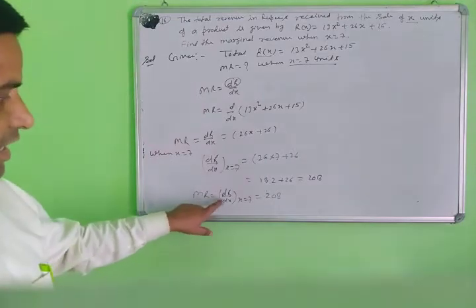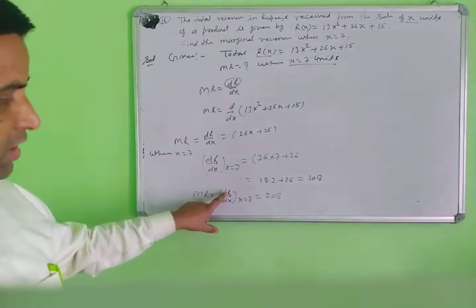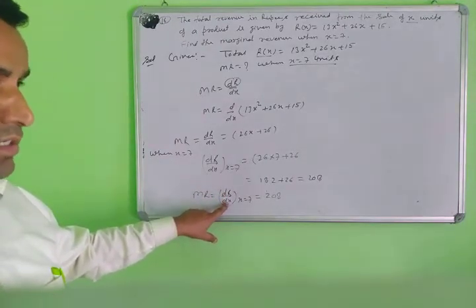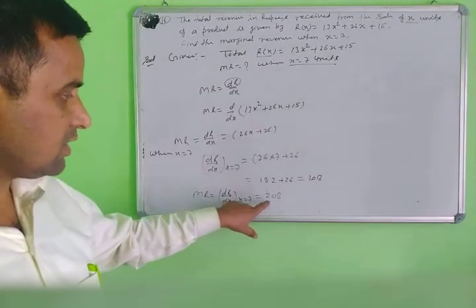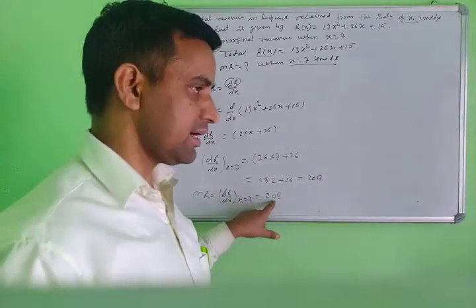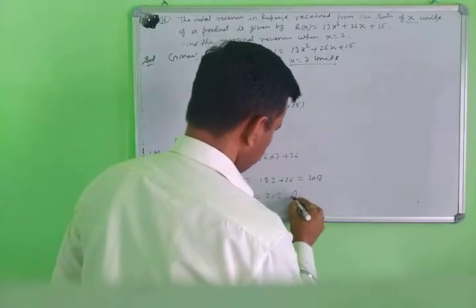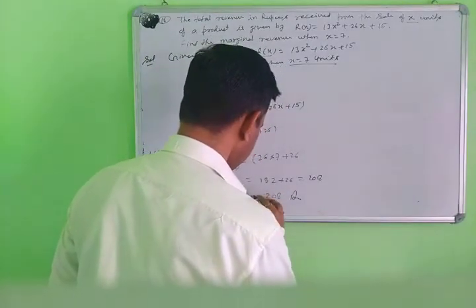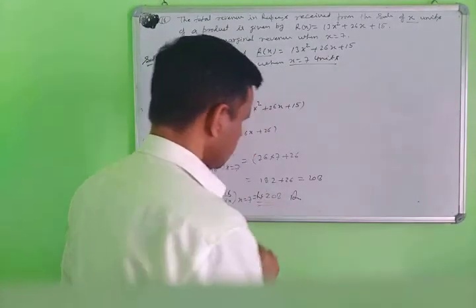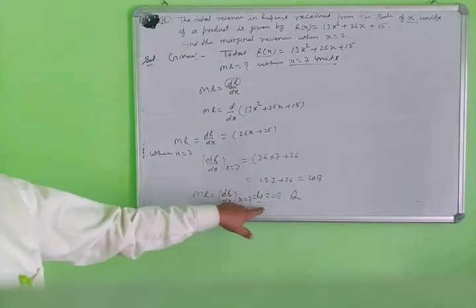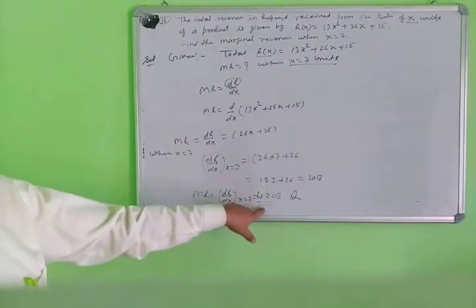Marginal revenue means the rate of change of total revenue with respect to the number of units sold, and you get 208. This is the common amount form: 208 rupees.